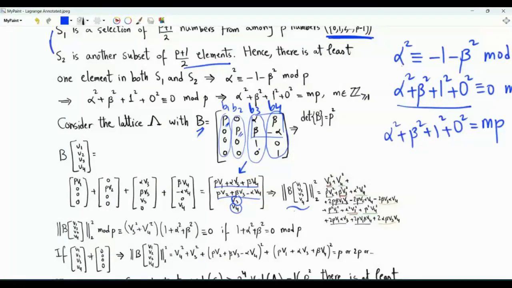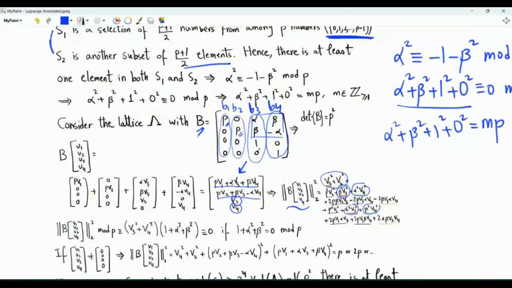If we take the L2 norm squared mod P, then all the terms that include P or P squared are congruent to 0 mod P, and we are left with V3 squared plus V4 squared times this bracket. These two guys appear multiplied by 1, like in these two terms. They appear multiplied by alpha squared. Here is V4 squared times alpha squared, and V3 squared times alpha squared, and they appear multiplied by beta squared. Here is beta squared V3 squared, and beta squared V4 squared.